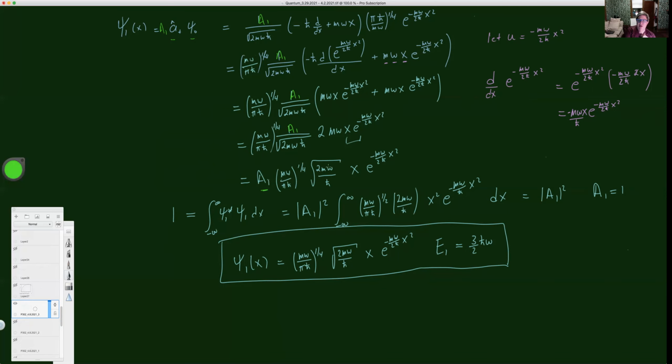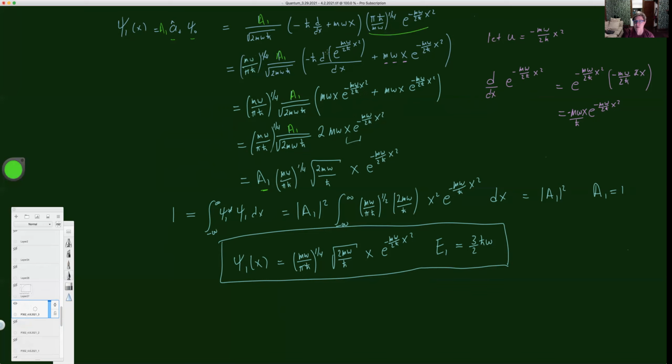Okay, and we got this function, and literally all we did was use the fact that a plus is really a differential operator. It's minus h bar d/dx, after you substitute for what the p-hat operator is, plus m omega x times some constants. It operates on psi naught, which is here.